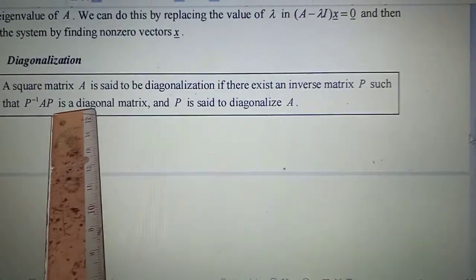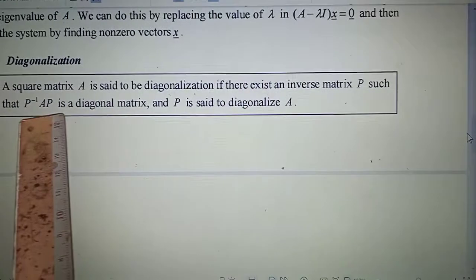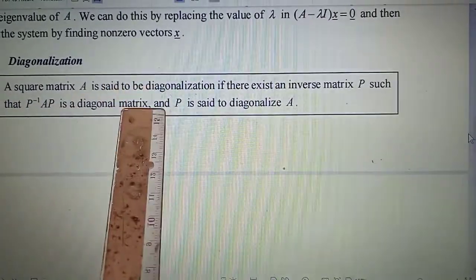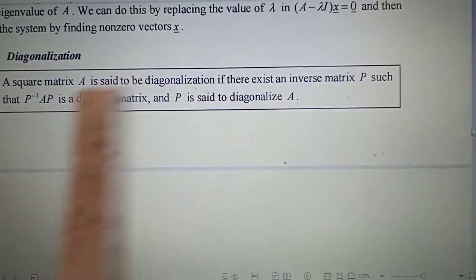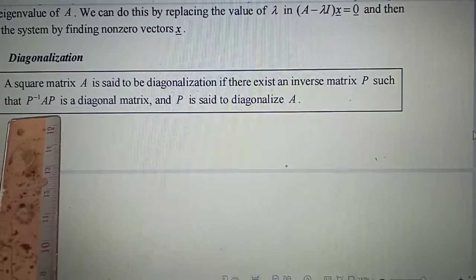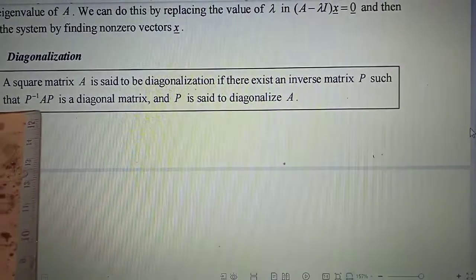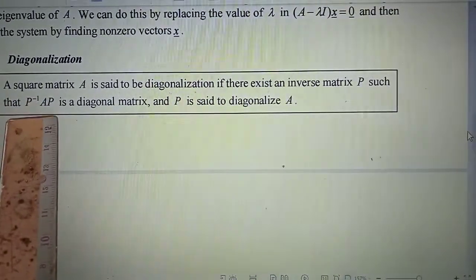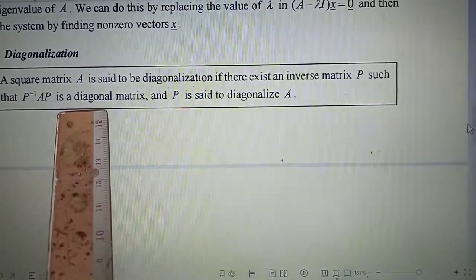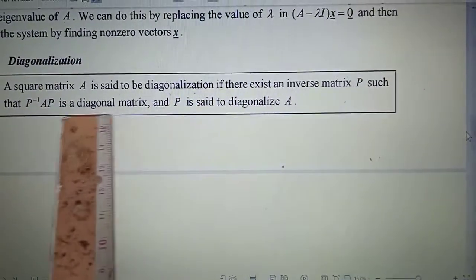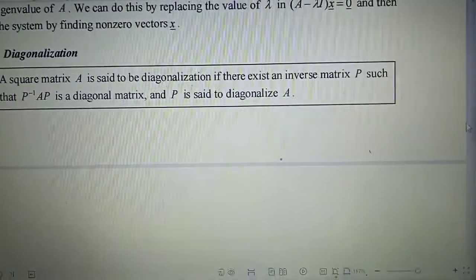It becomes a diagonal matrix and matrix P is said to diagonalize A. Meaning that any matrix P that we can find with the operation P inverse AP that makes a diagonal matrix, P is said to diagonalize A.